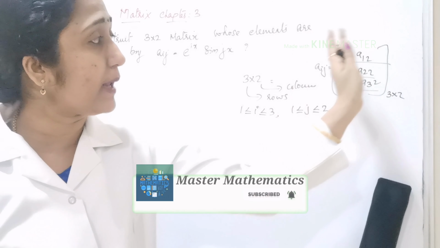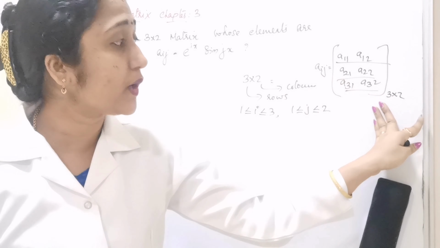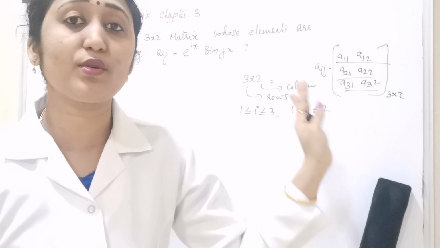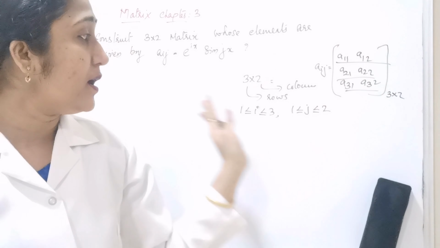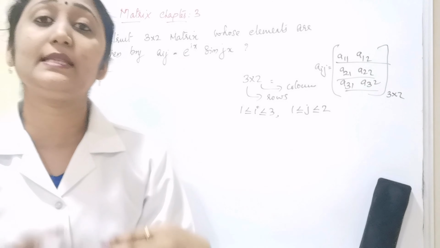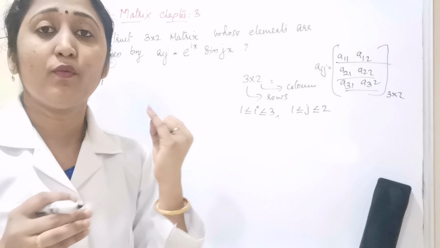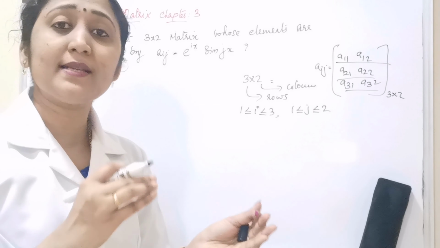So we have to find the elements A11, A12, A21, A22, and so on, based on this Aij. The given condition is e raised to ix and sin jx. That means we have to substitute 1, 2, 3 in place of i and 1 and 2 in place of j.